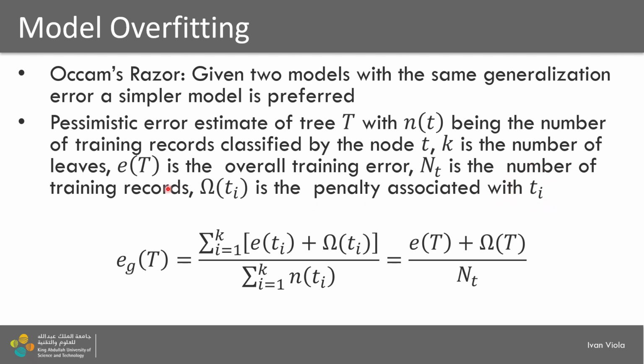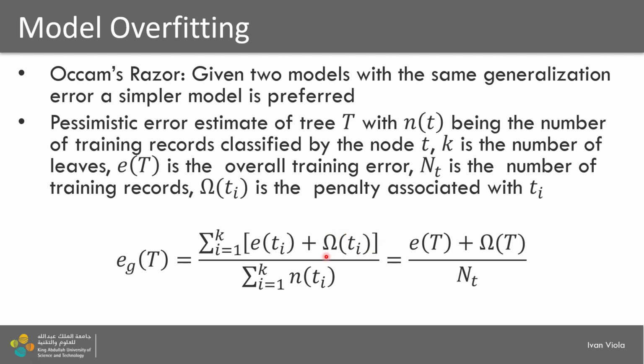So the pessimistic error estimate here, for the Gini, we can say, is that we sum up all the errors associated with wrong classification at the node T_i, so those that will be wrongly classified as a different class, plus the actual penalty of the model complexity.